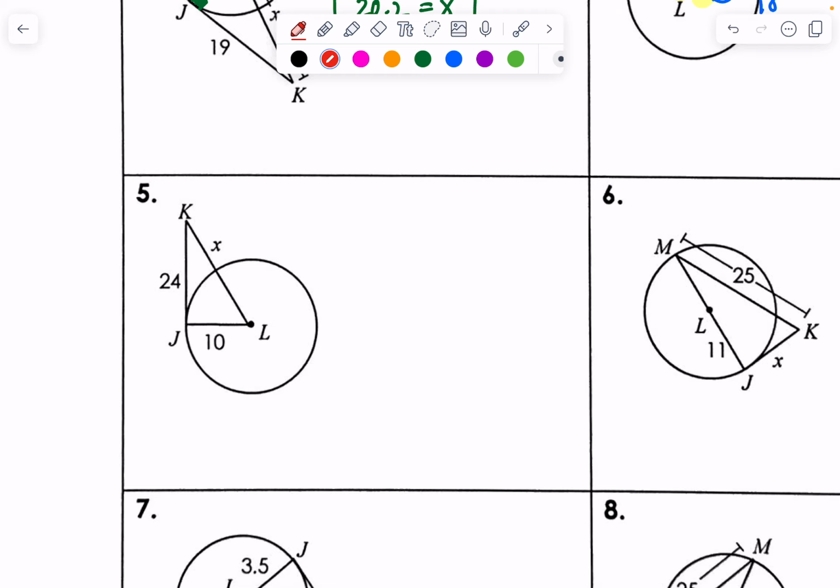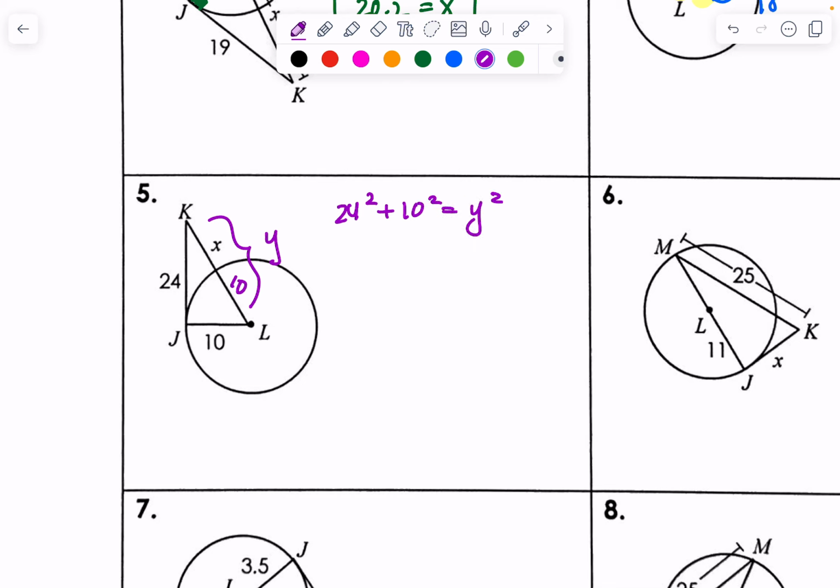Let's look at number 5. This one's a little tricky because my variable is on the side. So I'm going to call that another variable, y for a minute, so that I have 24 squared plus 10 squared equals y squared.